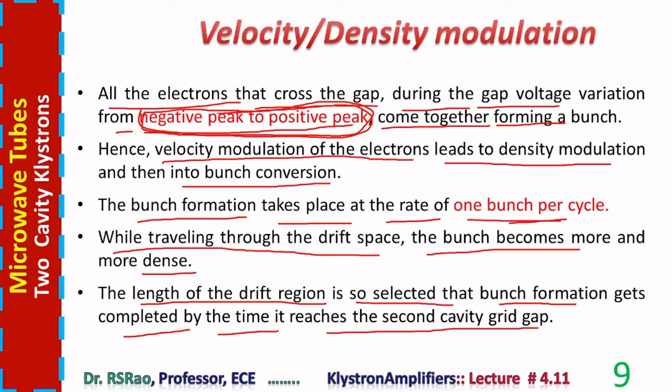Hence, they are called waste electrons. 50% of the electrons in the beam participate in amplification, remaining participate in no way in the amplification process, and hence the efficiency of this particular device is not more than 50%. In fact, it is quite lesser than 50%.